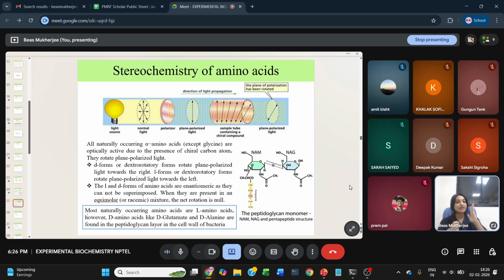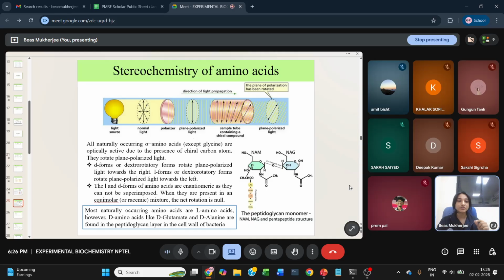So what is a polarizer? Let's imagine it like this. For example, this is a slit and it is going to allow only the light carrying the electric and magnetic field vectors. Electric and magnetic field vectors always vibrate perpendicular to one another. So only the vectors that are parallel to this orientation can pass through. So that is plane polarized light.